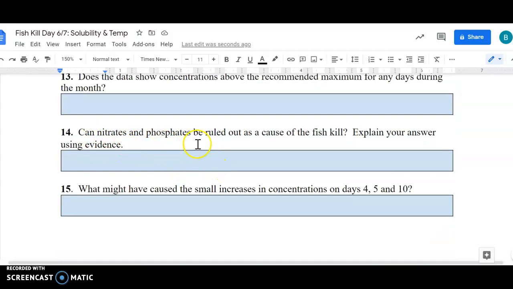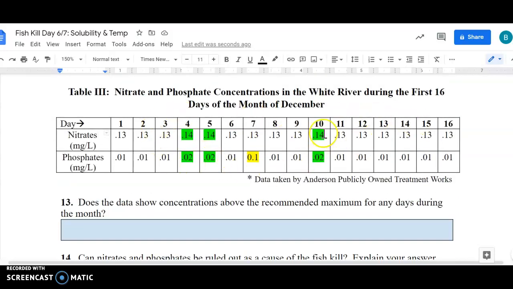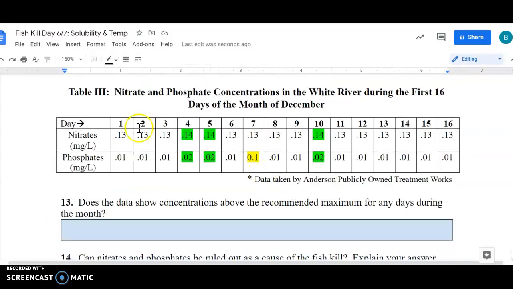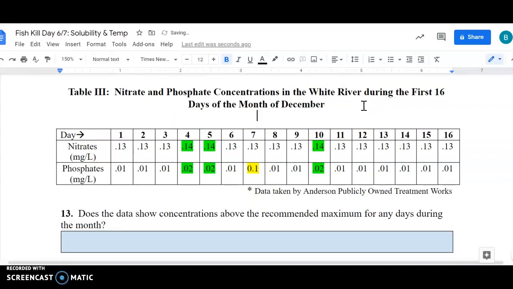Can nitrates and phosphates be ruled out as a cause of the fish kill? Based on this evidence and your answer for 13, use some evidence and compare the maximum. For nitrates, the maximum is 10 milligrams per liter. Compare that to the highest on here, 0.14 milligrams per liter.